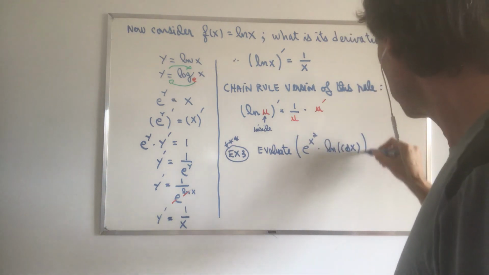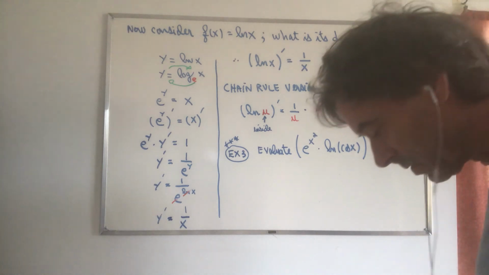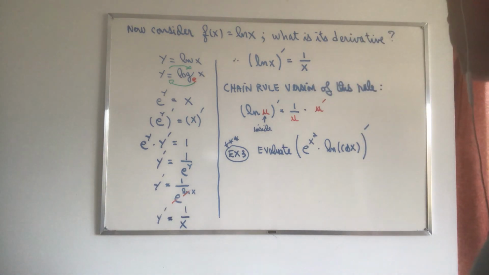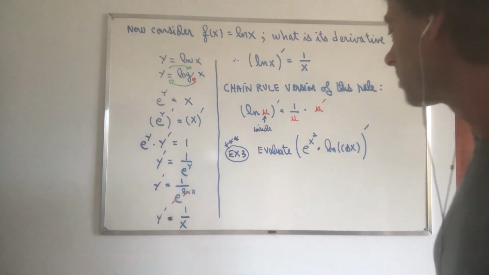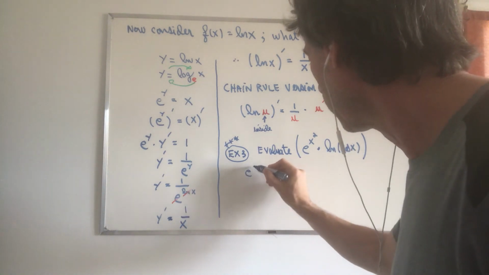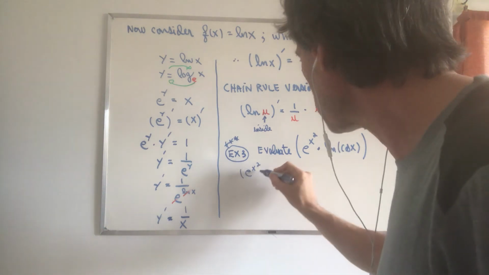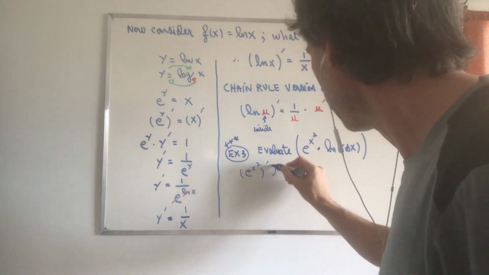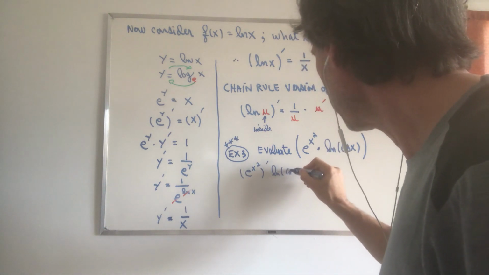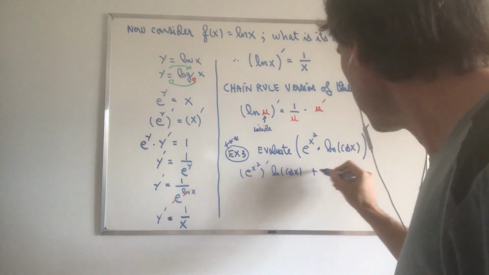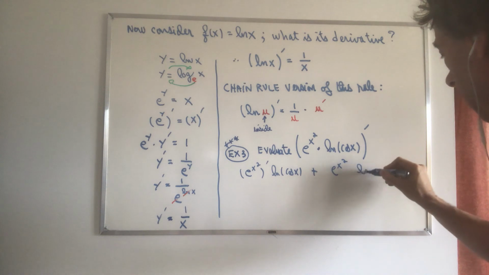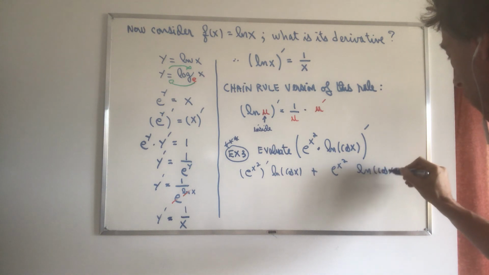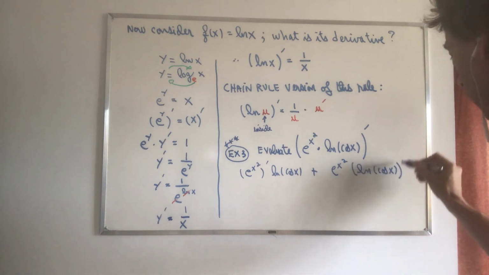Evaluate the derivative of this. Okay, so once again, it's a product. So the product rule is in order. For e to the x squared, the first one goes prime, while the second one doesn't. And then we add the opposite. e to the x squared is not prime, and that is the ln of cos derivative.